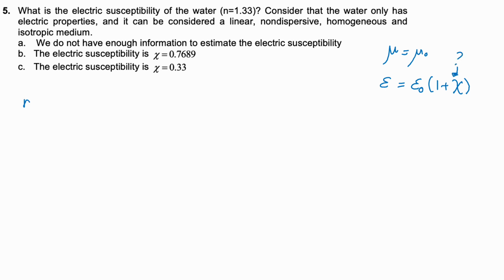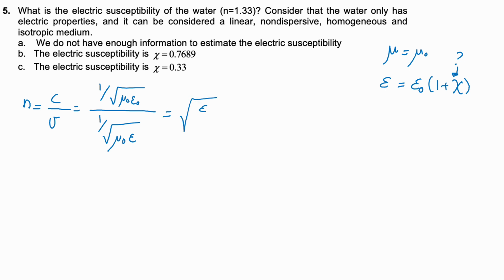We know that the refractive index is the ratio of the speed of light in the vacuum, that's the universal constant, divided by the speed in the medium, which is going to be water. The speeds are 1 over the square root of the permittivity and permeability, in the vacuum, and in the medium, which is water, but it does not have magnetic properties.